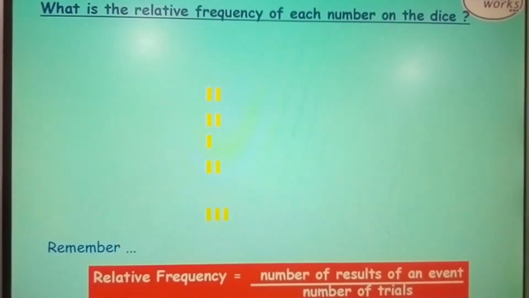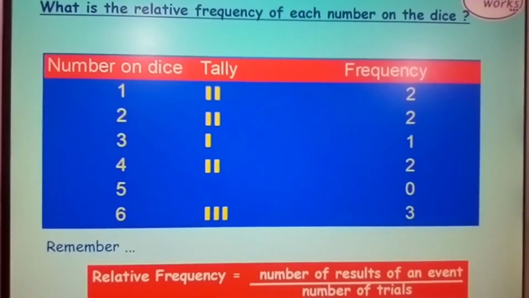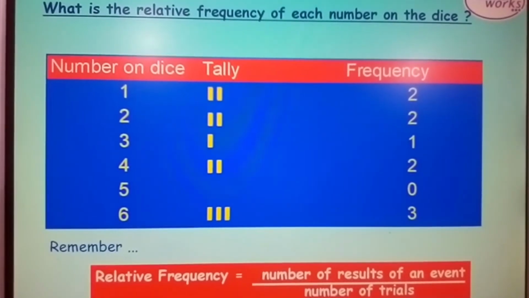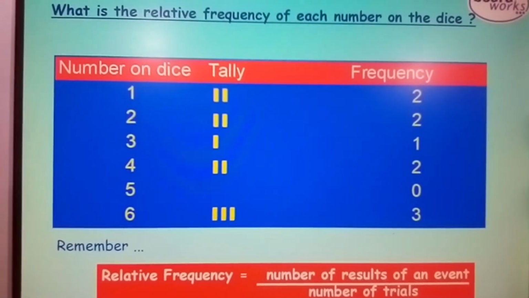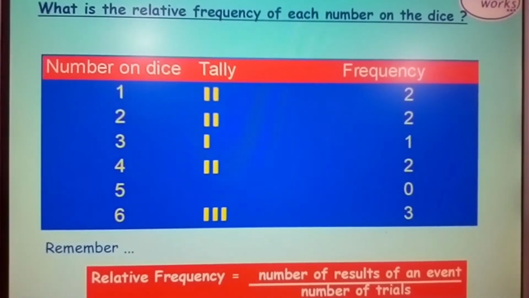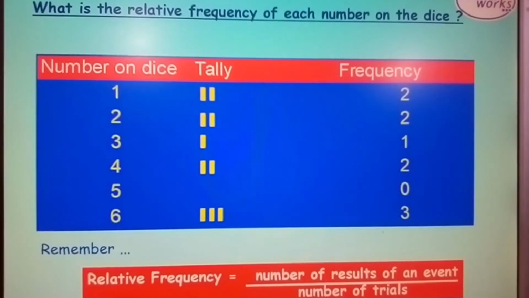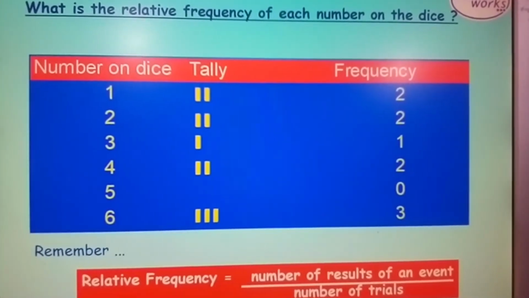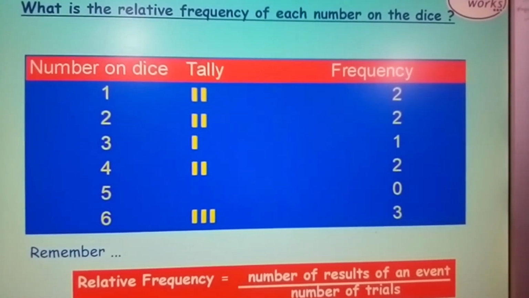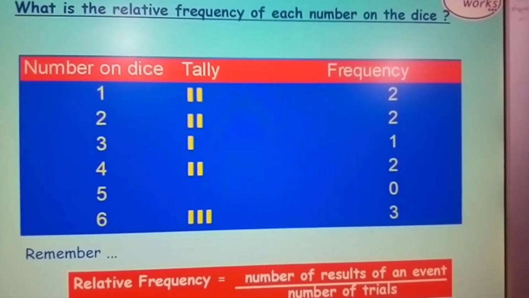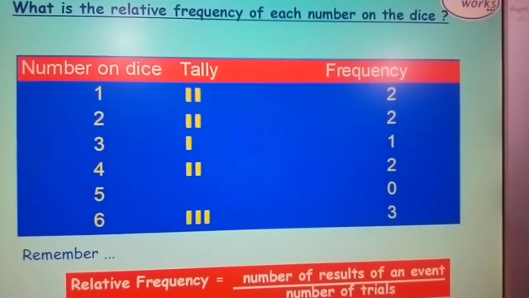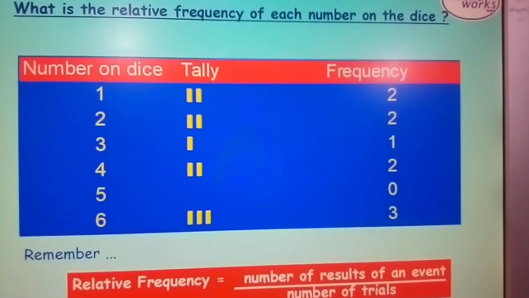So here we have frequency 2, etc. So the frequency of 1 is 2 times. Frequency of 2 is also 2 times.